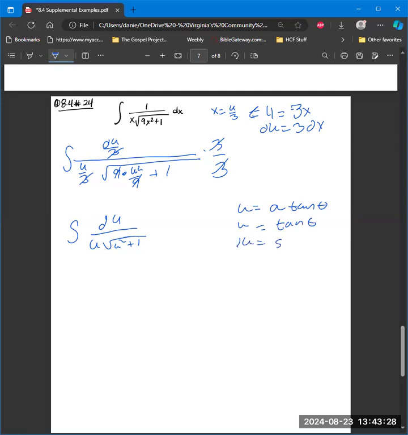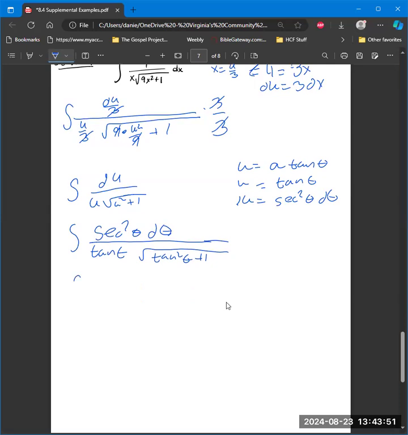Du is equal to secant squared theta d theta. And so this is secant squared theta d theta. U is tan of theta, square root here of tangent squared theta plus 1. And tangent squared theta plus 1 is secant squared.